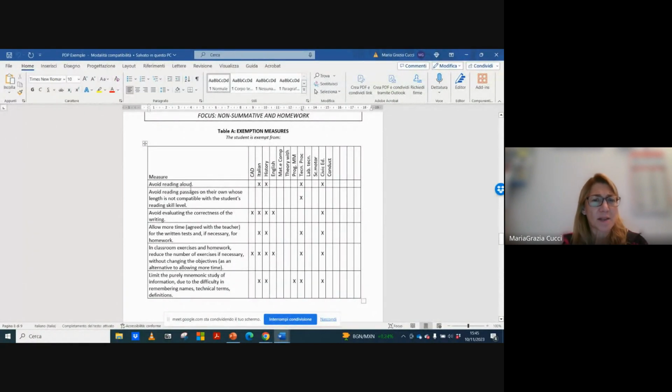Then another one is to avoid reading passages on their own whose length is not compatible with the student's reading skill level. Why do you have this only in technical procedures? Because in this situation, the reading of the passages is one of the tasks that is normal for this subject.